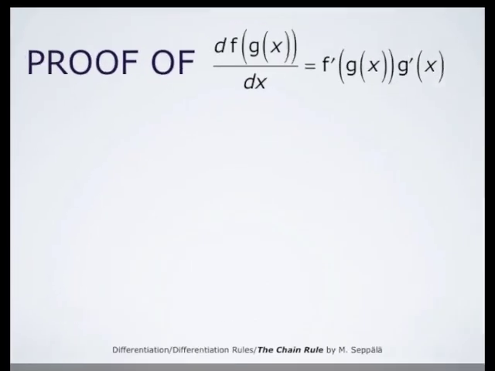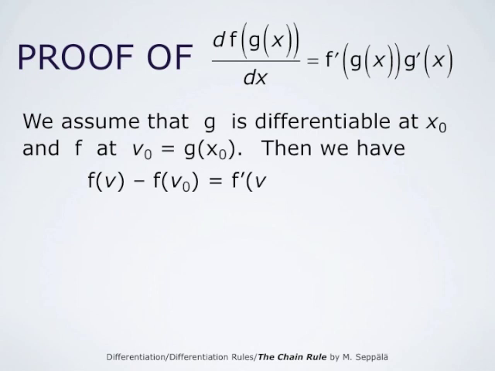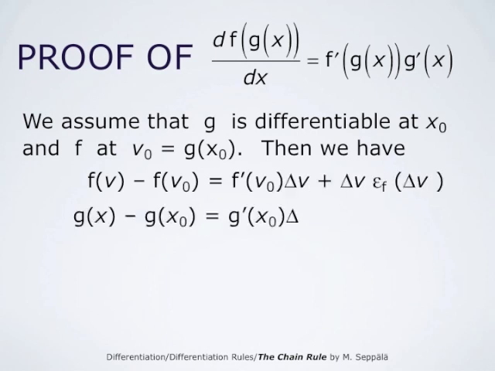So we assume that a function g is differentiable at x0, that is, has a derivative at x0, and f has a derivative at v0, which is g at x0. Then, by the definition of differentiability, we have that f of v minus f at v0 is f prime at v0 times delta of v plus delta of v times epsilon f delta of v.